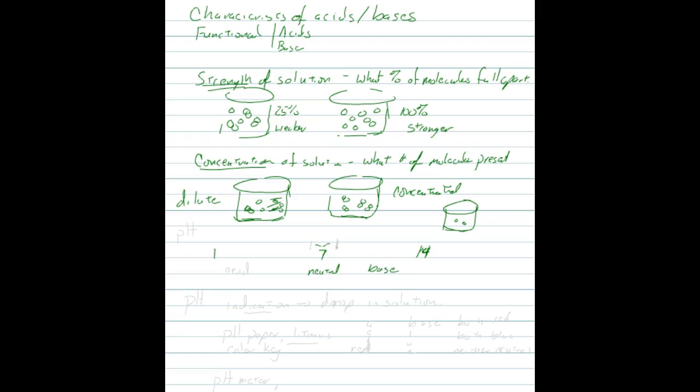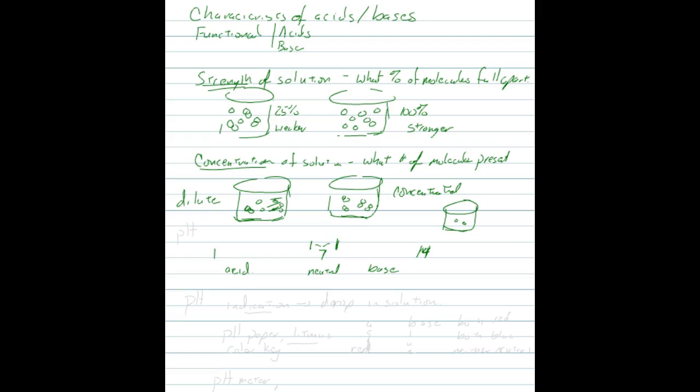Anything below 7, actually you can go down to 0, is an acid. So acids have pH less than 7, bases have pH greater than 7, and for our purposes, anywhere between 6.5 and 7.4, anything that rounds to 7 is neutral.